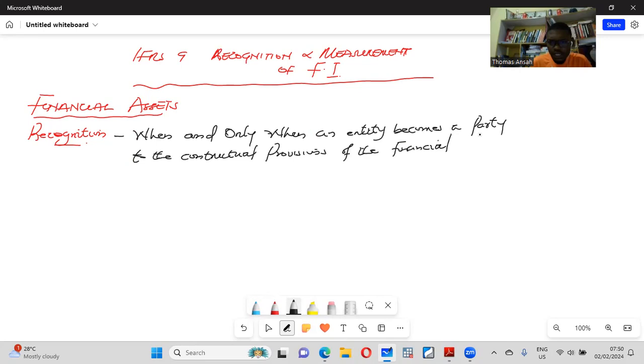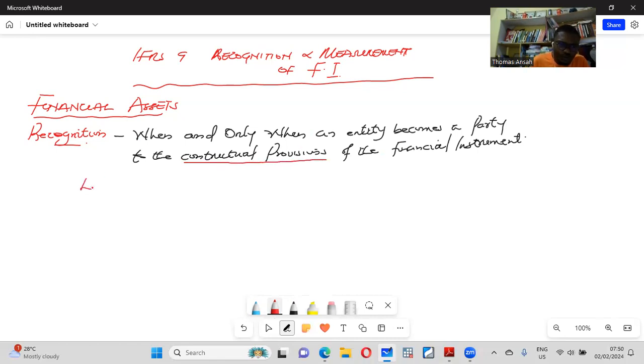So I always say that reporting is not accounting. Reporting has now become a law. So this recognition criteria is always a law. And listen carefully. It didn't say when an entity becomes a party to a contract. It said when an entity becomes a party to the contractual provisions.